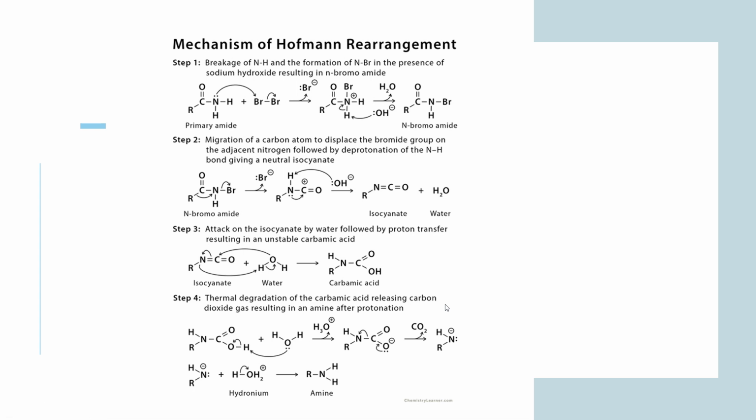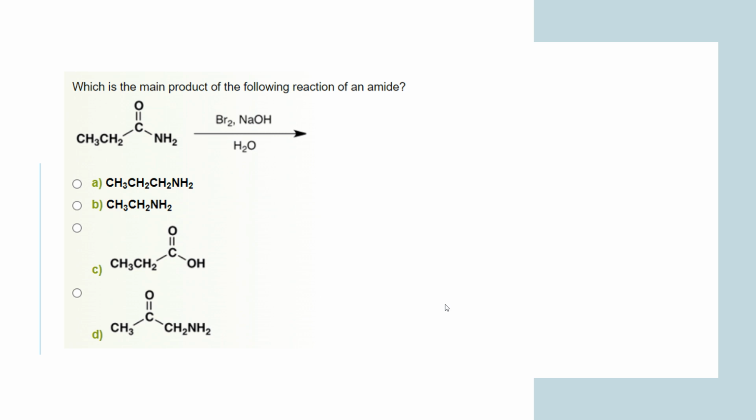So let us now go back to the reaction where we were given an amide and we treated it with bromine sodium hydroxide in water. So like we saw from the Hoffman rearrangement reaction, we observed the formation of amine with one carbon less in the product.